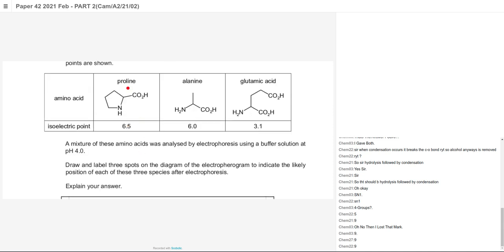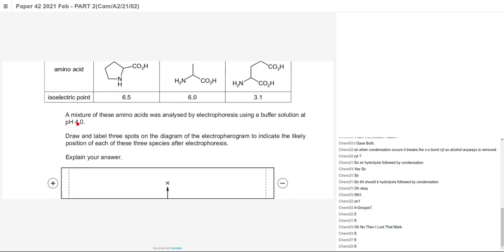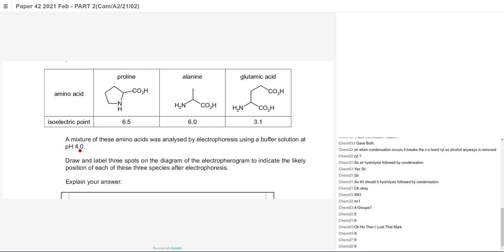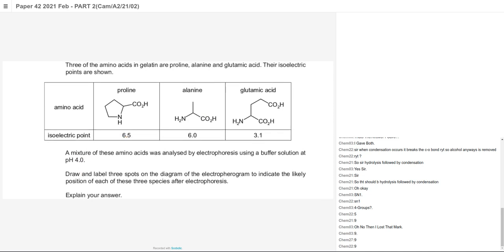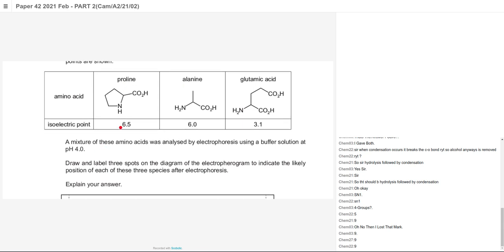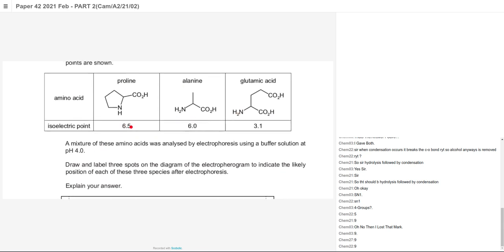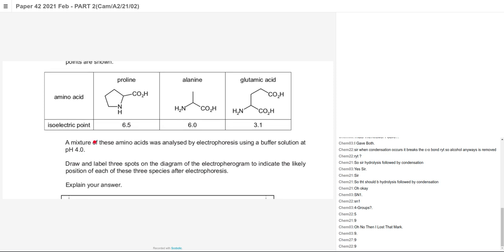A mixture of these amino acids was analyzed by electrophoresis using buffer solution at pH 4. Now see, buffer pH 4 means none of these will be zwitterion, right? Because pH 4 is not matching any of these. So they are not existing as zwitterions in this buffer. So pH 4 means this proline will take H plus, because pH 4 is acidic.